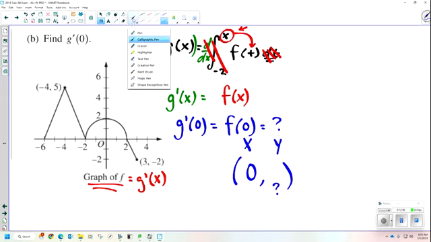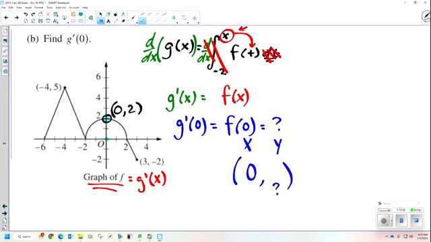Okay, well, highlighter. X is 0 right here. So what's the y value of this coordinate right here? When x is 0, y is 2. That was simple. I love it. Love it when they give us things like that.